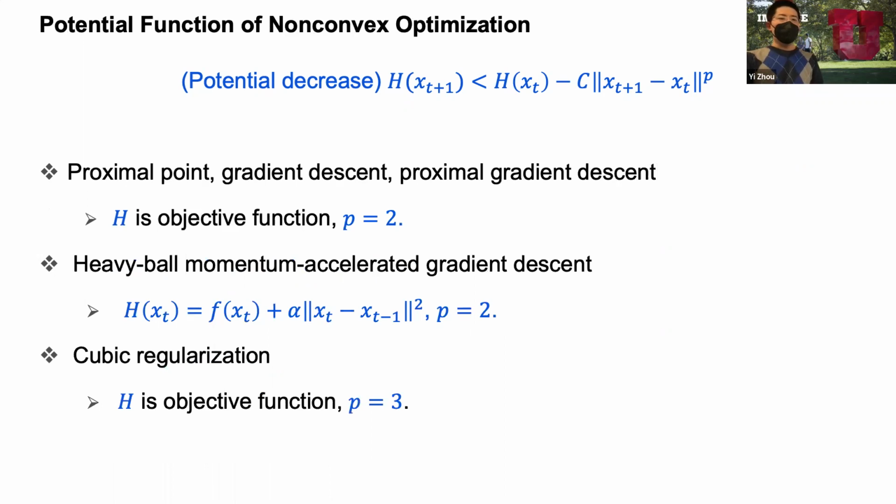The P depends on the algorithm that we are looking at. For example, for gradient-based methods, P equals 2, this exponent. And for the higher order cubic method, P equals 3, because we are leveraging higher order information, so the decrease will be bigger. It has a faster convergence.